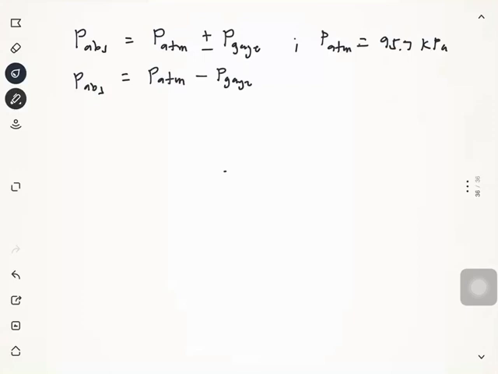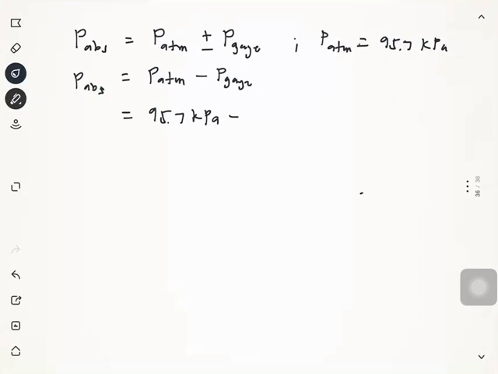We have the given atmospheric pressure, 95.7 kilopascal. If it is not given, we will assume the 101.325 kilopascal, that is at sea level.